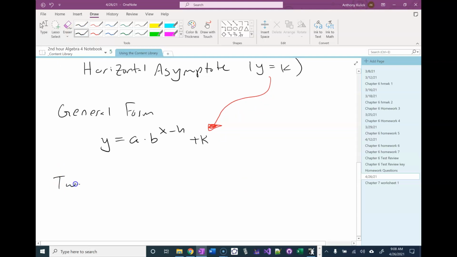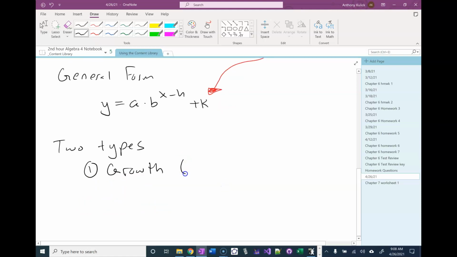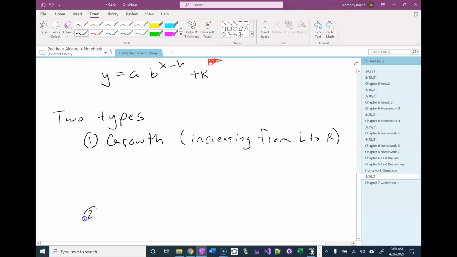There's two types of exponential functions. There's exponential growth. That's where it's increasing from left to right. And there's decay.